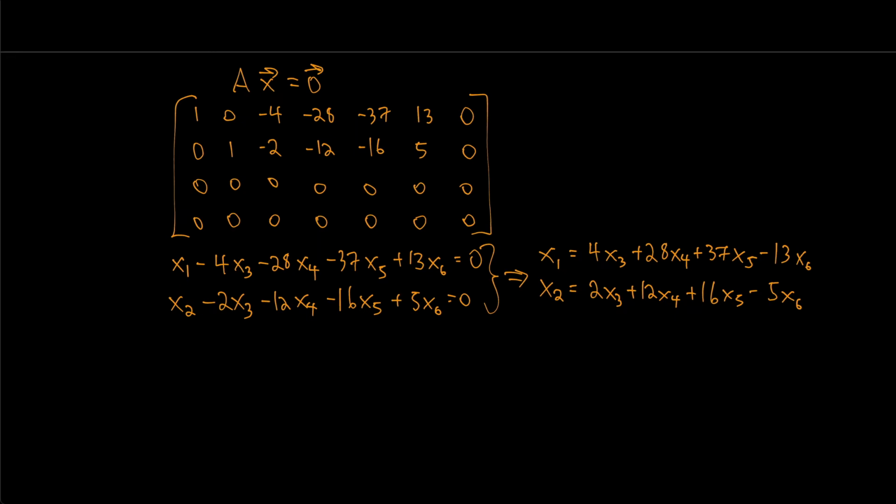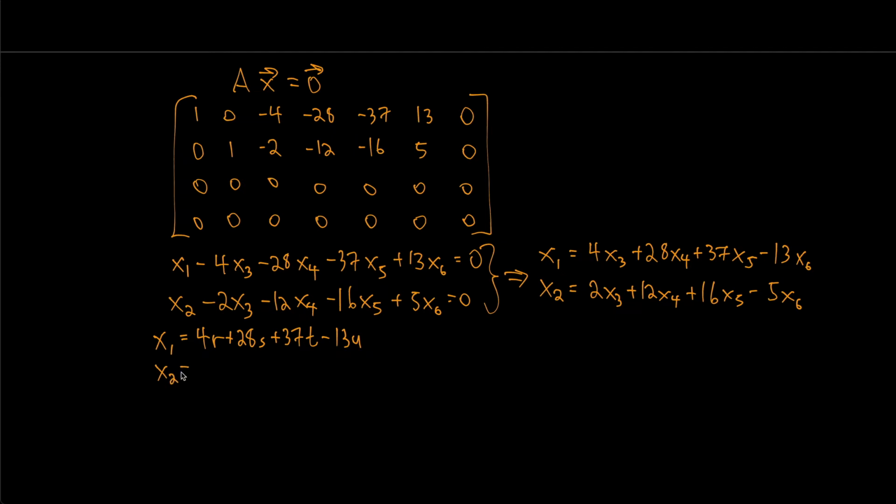Okay, so how about I parameterize these solutions? I'll replace x3 with r, x4 with s, etc. So I'll get that x1 is equal to 4r plus 28s plus 37t minus 13u, just by relabeling.